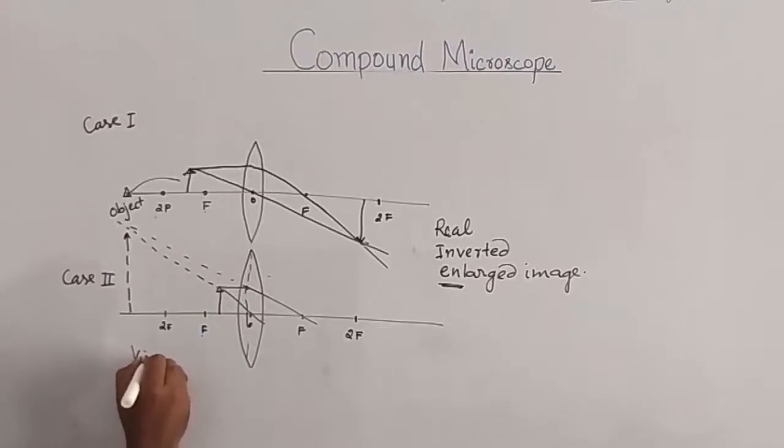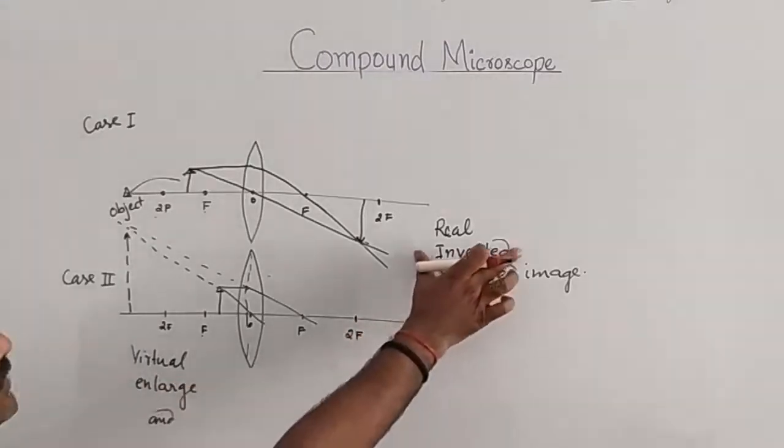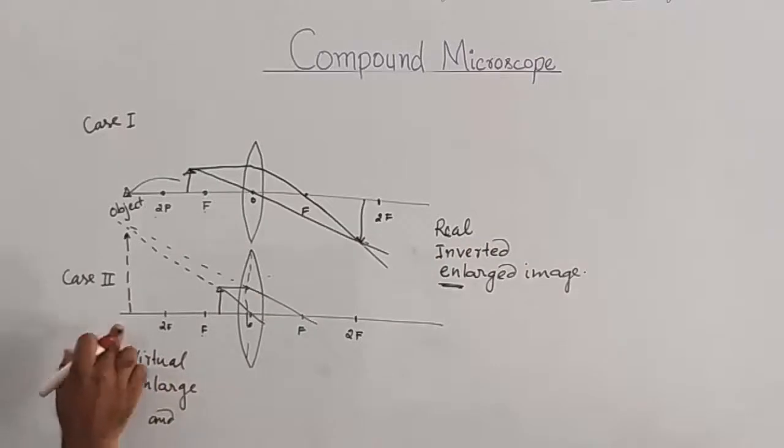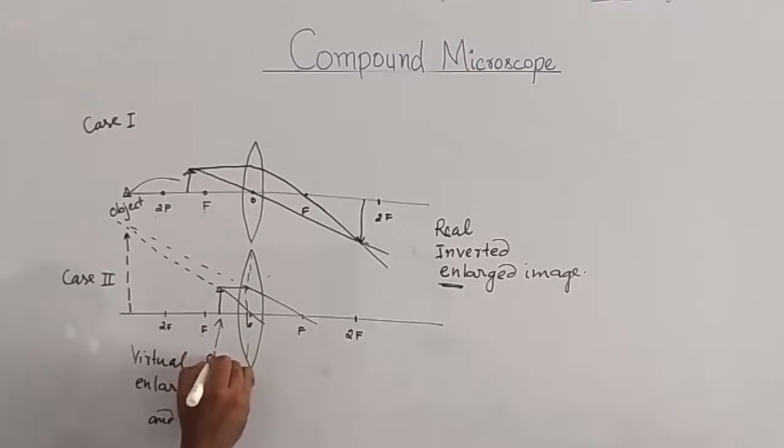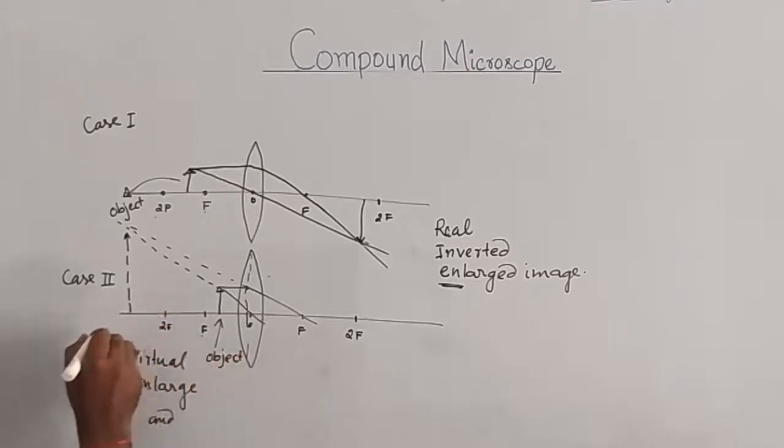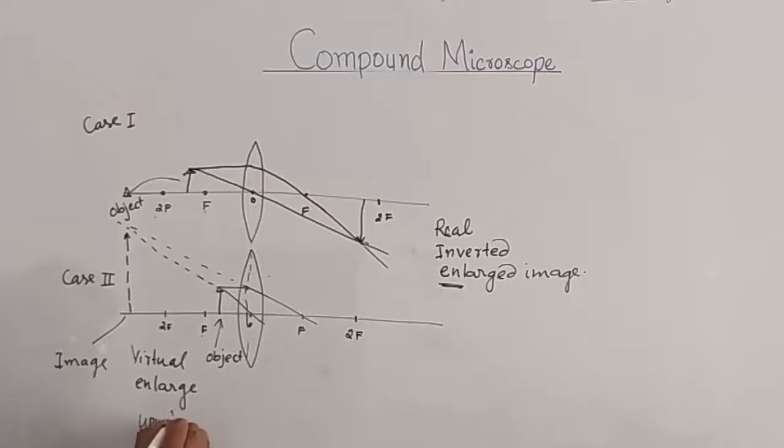So this is virtual, enlarged, and what is the condition? Is it inverted or upright? It is in the same condition as our object is. So this is the object and this is our image. So when we write about the image, this is virtual, enlarged and upright. So these two are the conditions.